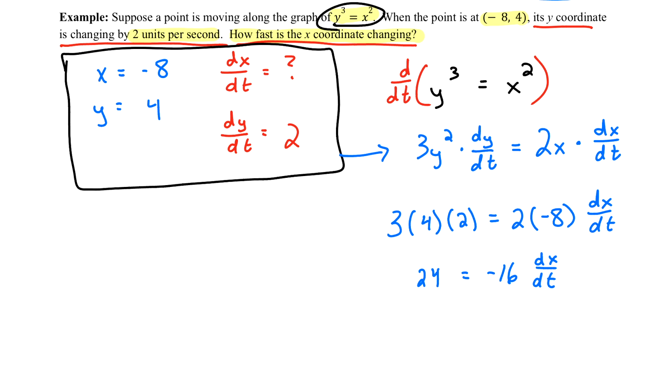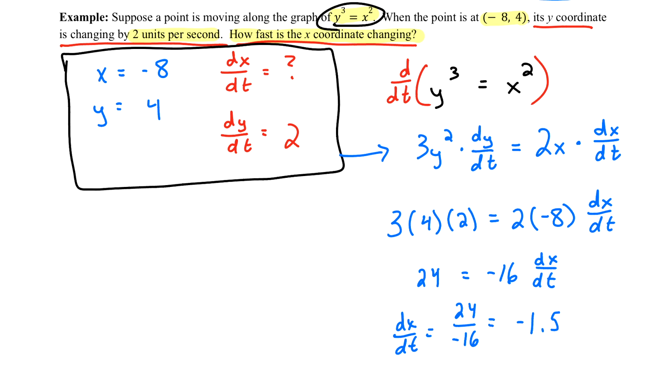So that means that dx over dt is 24 divided by negative 16. If we want to give it decimal, that's okay too. Here we have negative 1.5. So here is our dx over dt. I would like to give a unit on this. So in this case, I want to think about what are the units of x.